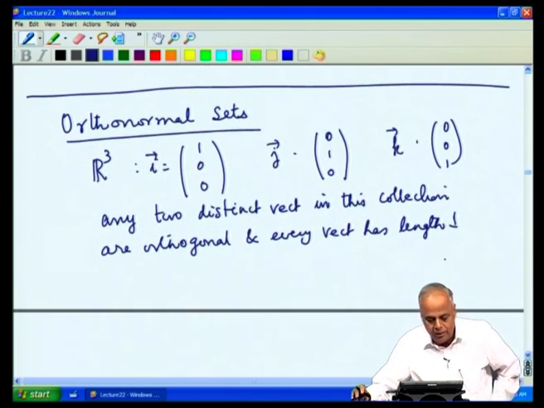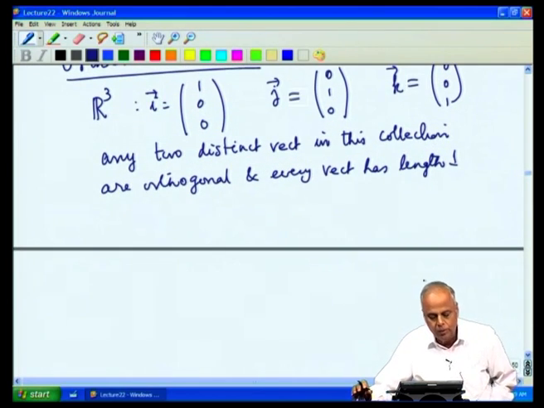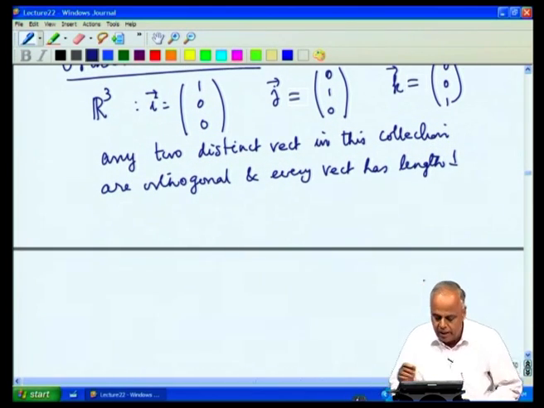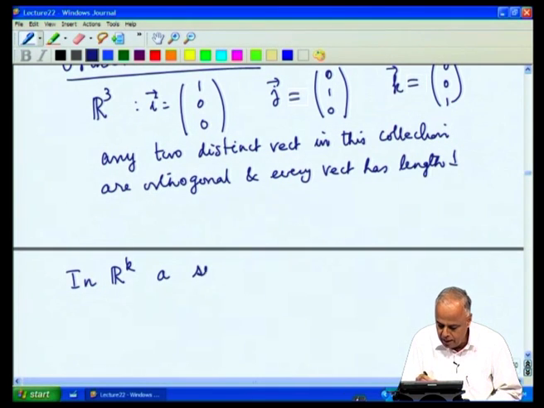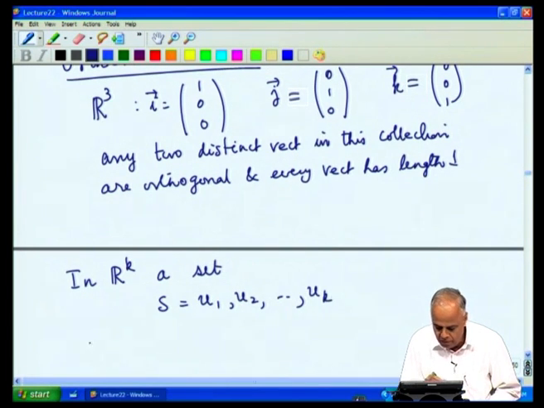When we generalize this notion, we get the notion of an orthonormal set in R k. So, we have in R k a set S equal to u1, u2, up to uk of vectors.